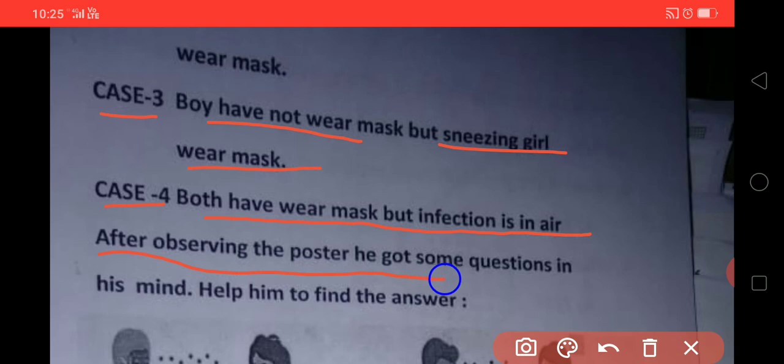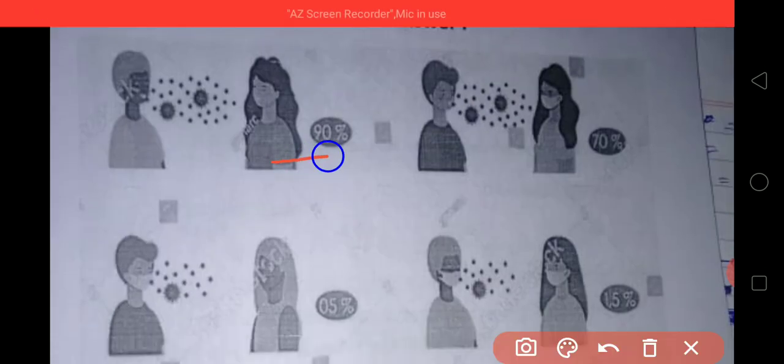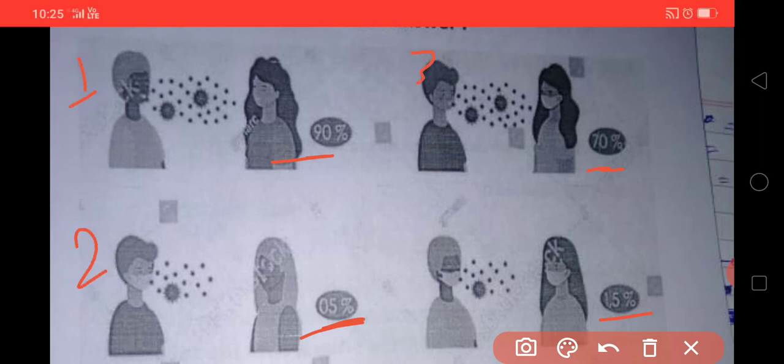After observing the poster, some questions came to his mind, help him to find the answers. You can see the poster here, 90%, here 70%, 5% and 1.5%. So find the probability in case 1, case 2, case 3, case 4.